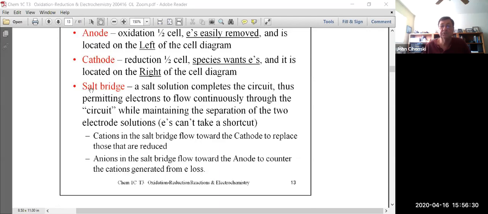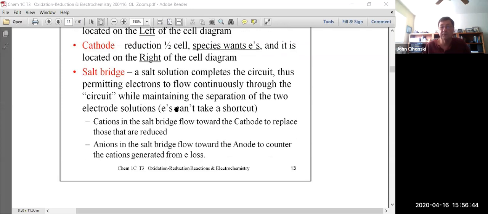Okay, now salt bridge, that is what completes the circuit. It's like our switch. Once that's in there and it's working, everything should be fine. Now, what we have to make sure is that the electrons cannot take a short circuit or a shortcut. If we were to take those two beakers and put them together and mix the solutions, the electrons would go directly across, and we wouldn't get the electrons going through the wire and doing what we want them to, okay?